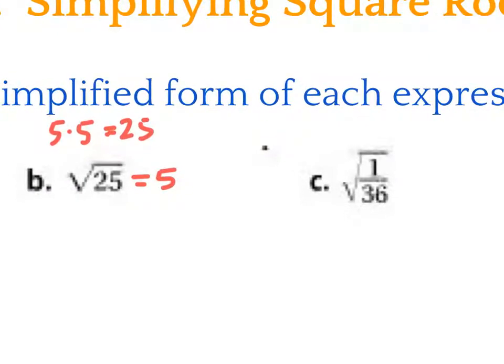All right, moving right along. So a little trickier. Here is a property of square roots. If I take the square root of a fraction, numerator and denominator, I can break this up.